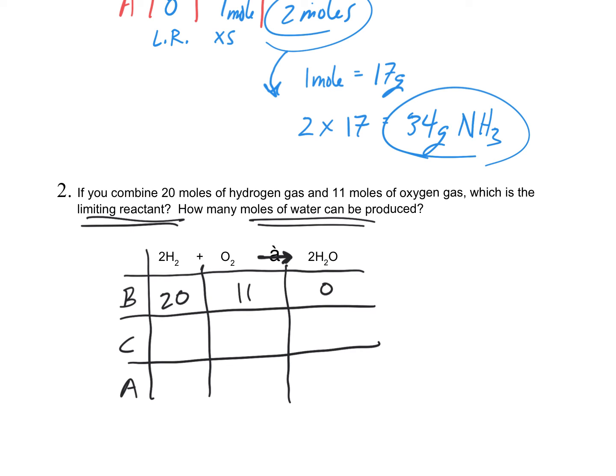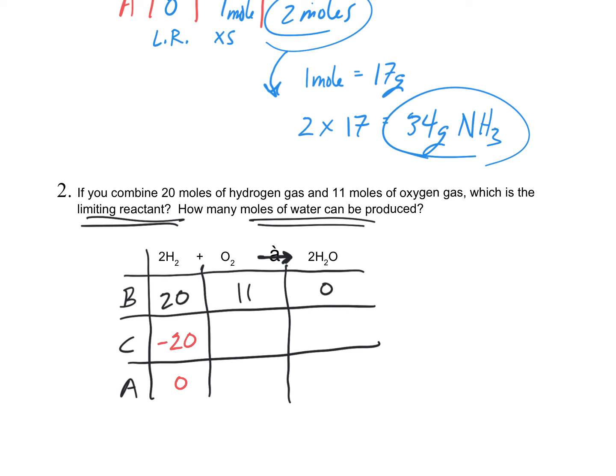So we'll scrap that idea and let's try hydrogen as the limiting reactant. Okay? And by the way, you're always going to use up one of these reactants. Okay? You're always using up all of one of the reactants. All right, so I'm using up all of the hydrogen.